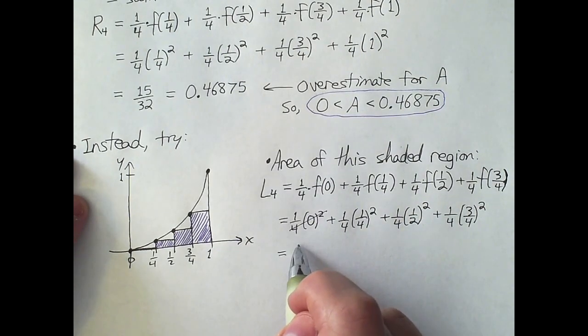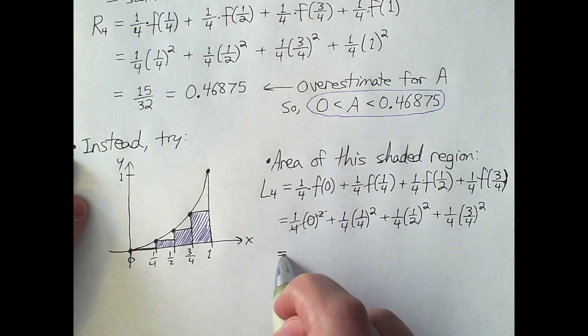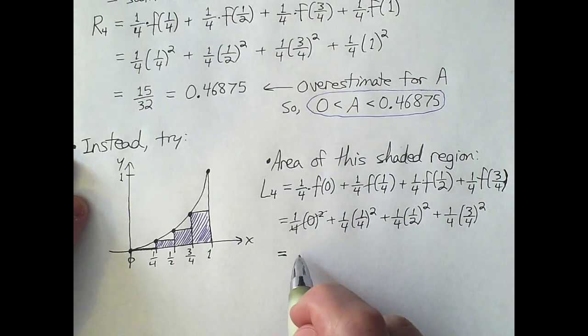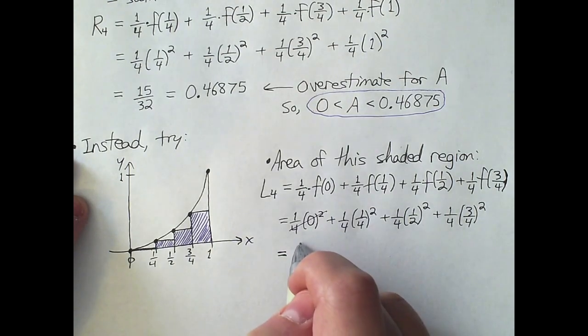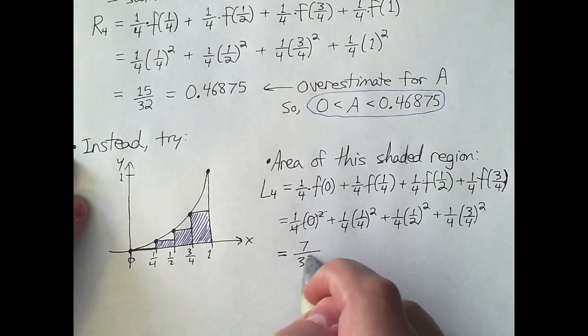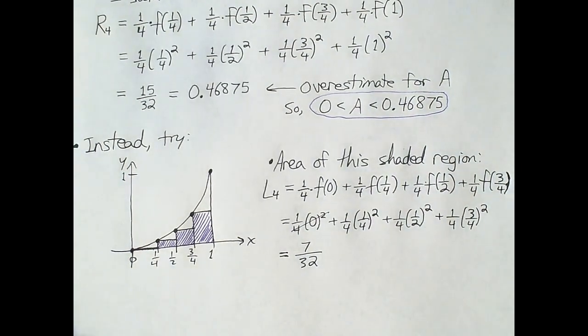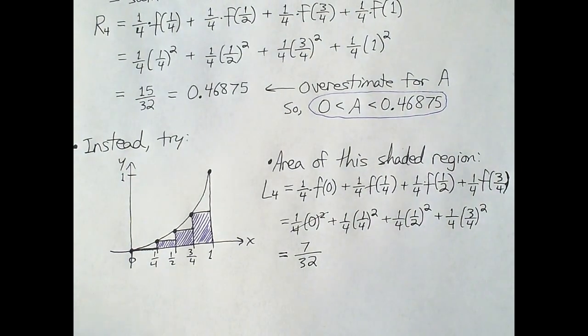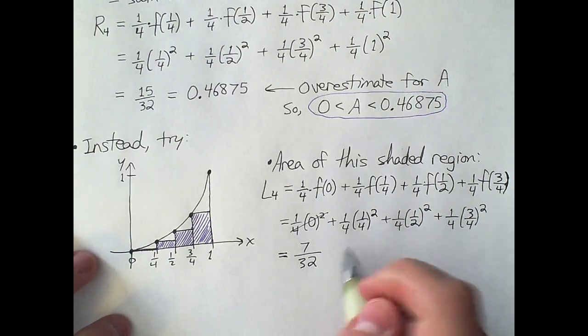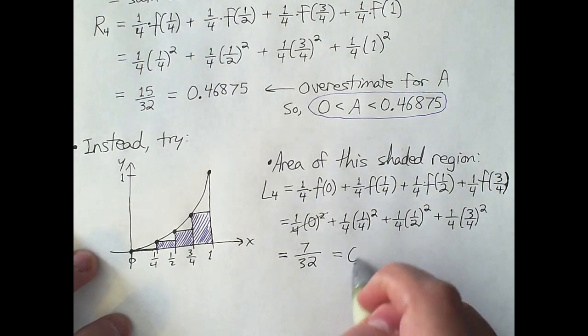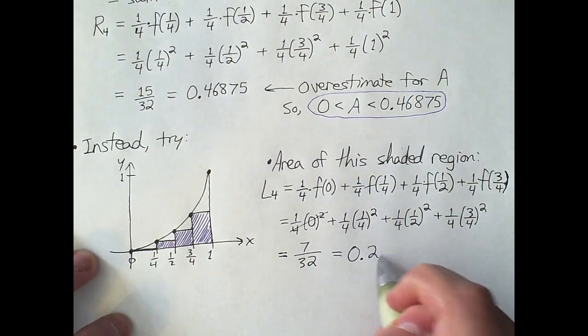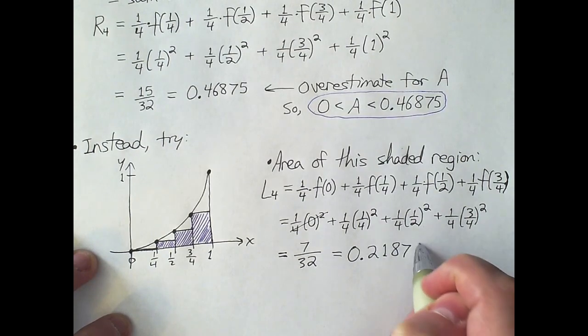This winds up equaling, and you can figure this out, you can square fractions, and you can find common denominators and all that. So I'm skipping some of that little arithmetic, but this is 7/32. It's a lot smaller than the other one, which makes sense. I found this as a decimal to be 0.21875.